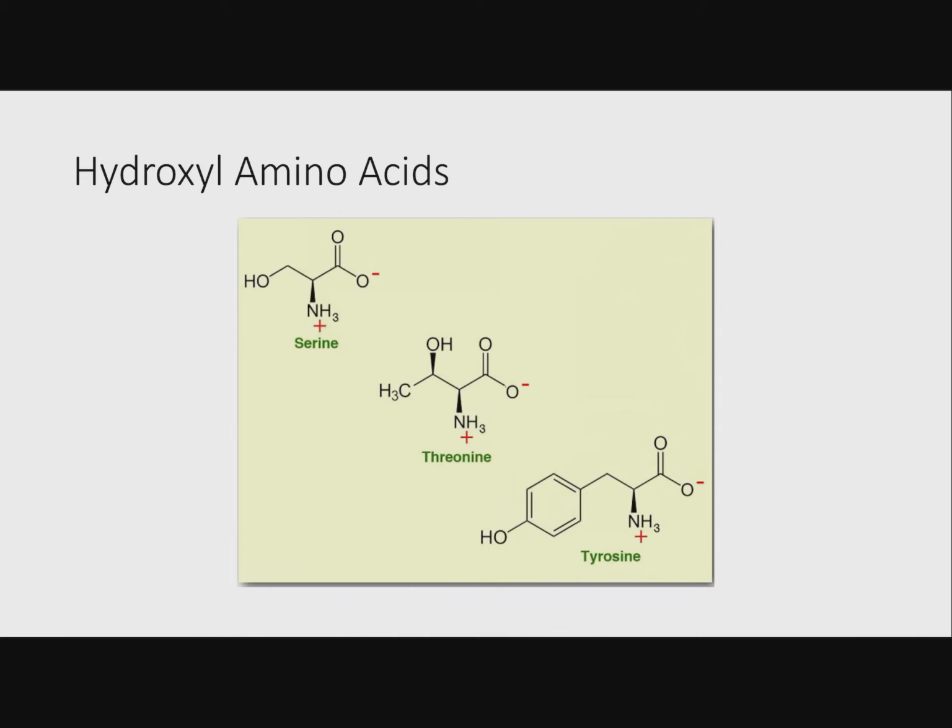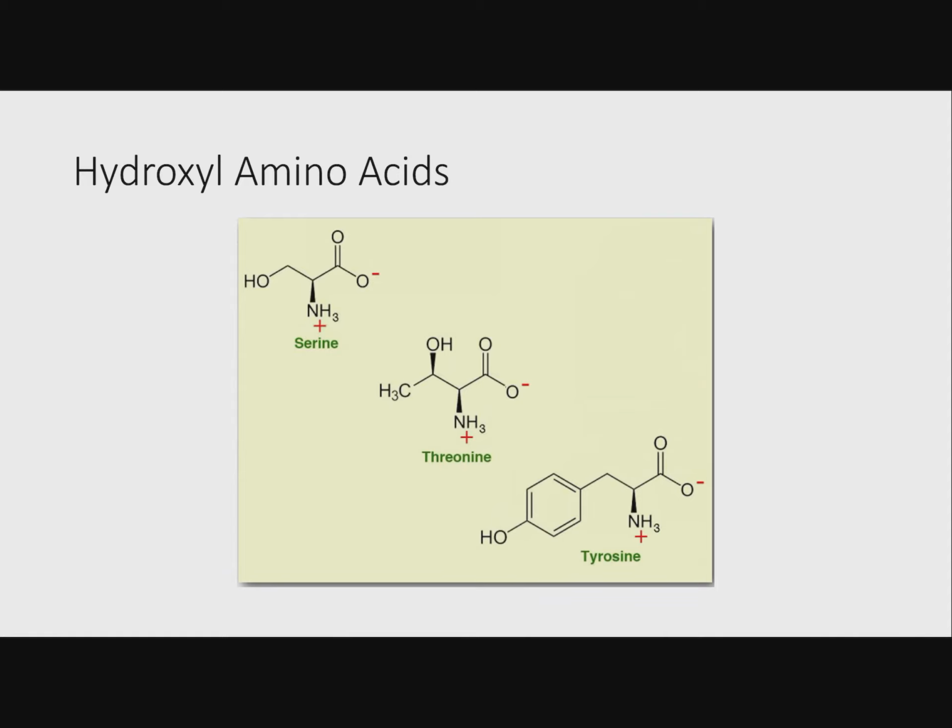The hydroxyl group on serine in proteins is a target for phosphorylation by certain protein kinases. Kinases are molecules that transfer, or add or remove, phosphate groups, and this has the effect of, we'll see later on in enzyme activity or in protein behavior, that you can turn enzymes on or off, usually modulate their activity with phosphorylation via these kinases, and these hydroxyl groups are a good site for that.